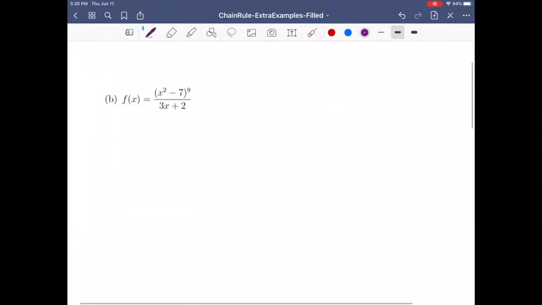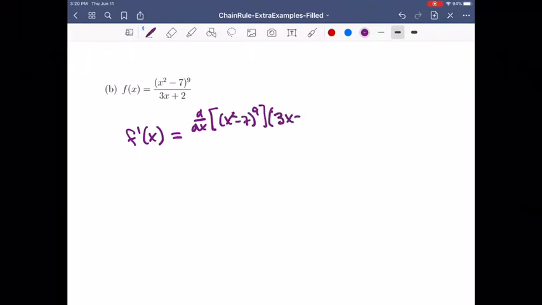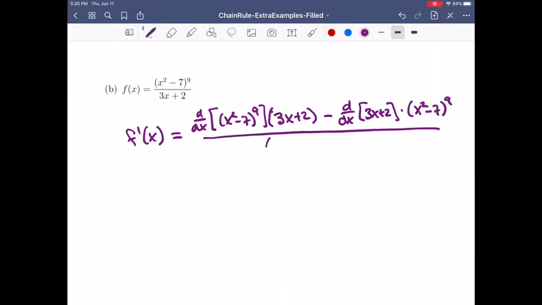Here I need to use the quotient rule. I'm going to do this one directly without doing the derivatives before. f prime of x is going to be the derivative of the top, the derivative of (x squared - 7) to the 9, times the bottom, minus the derivative of the bottom times the top, all over the bottom squared.